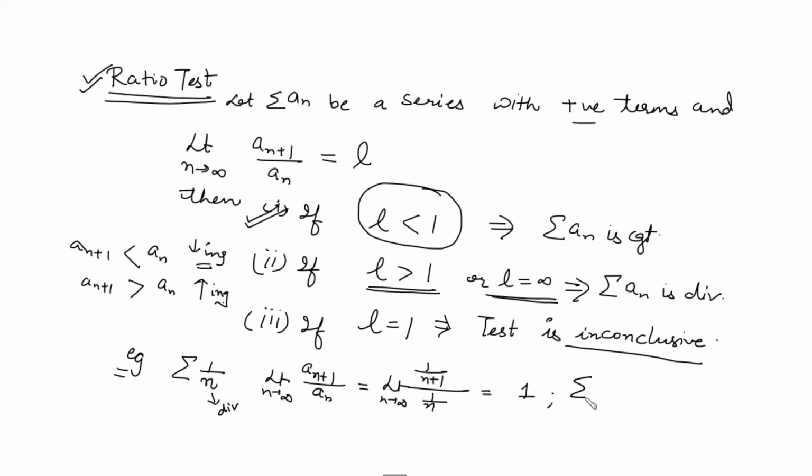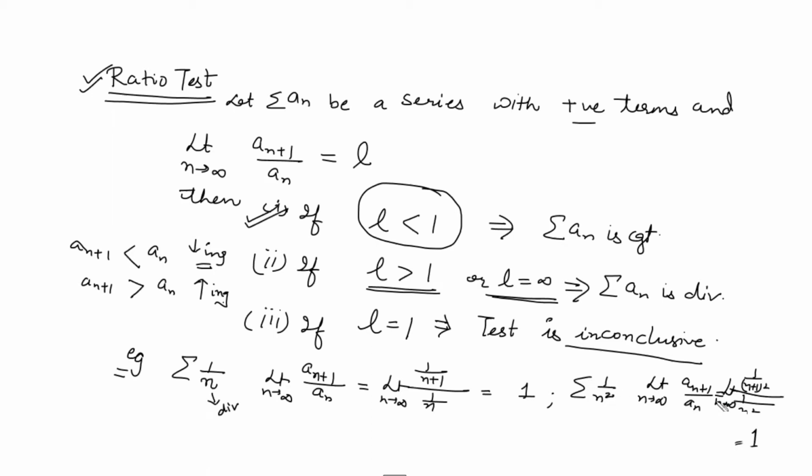However, if we consider the series 1 over n square and then apply this ratio test, what will happen? The ratio of the n plus 1th and nth term comes out to be again 1. Again it is 1, right?